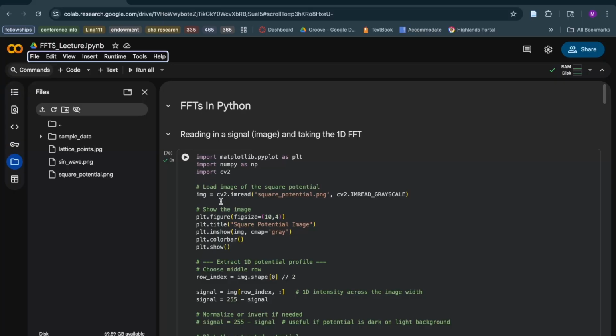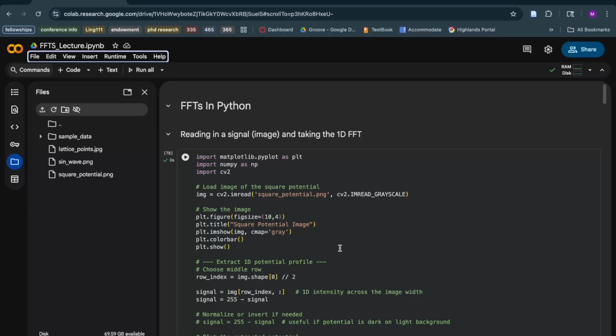So look into it if you haven't already. But continuing with this, we load in the image and we change it from its already color to grayscale. This will be important in a little bit, but then we plot that image.